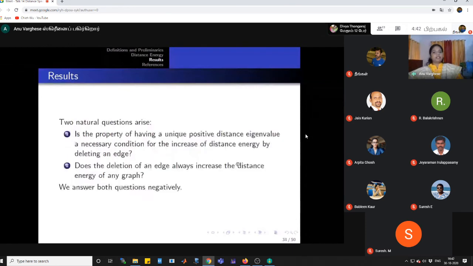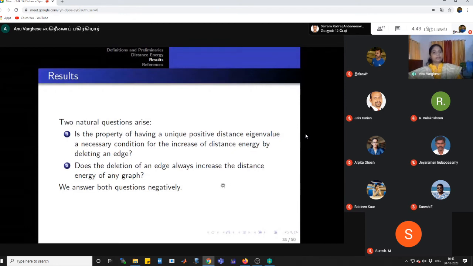And we have considered unique positive eigenvalue graphs and we have compared the distance energy on edge deletion. And naturally, some questions arise. Is the property of having a unique positive eigenvalue a necessary condition for the increase of distance energy by deleting an edge, or do there exist graphs with more than one positive eigenvalue and having distance energy increased on edge deletion?